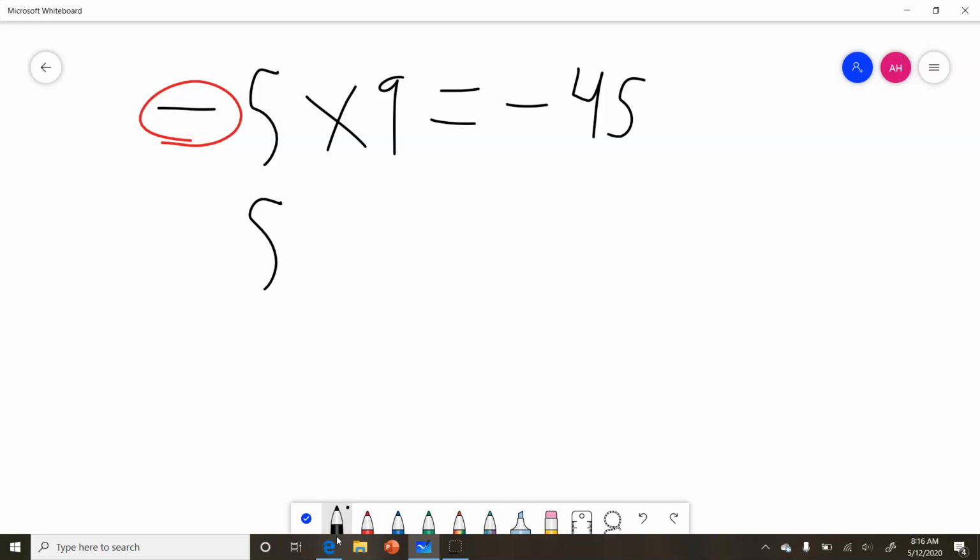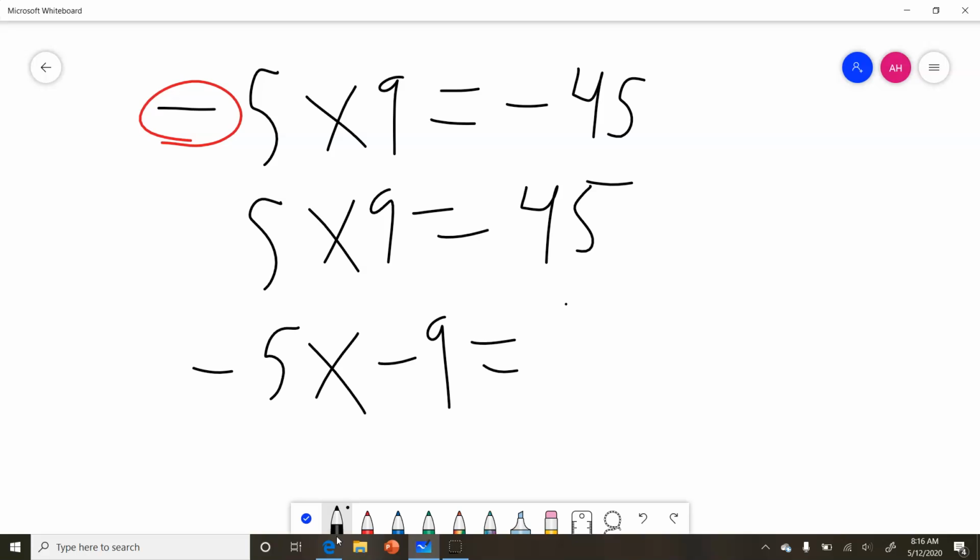If we have 5 times 9, everybody knows that one, that's just 45. Then the more tricky one, negative 5 times negative 9, becomes back to positive 45 because those two negatives become plus. When you have two negatives multiplied together, you get a final answer of 45. It's the same way in dividing.